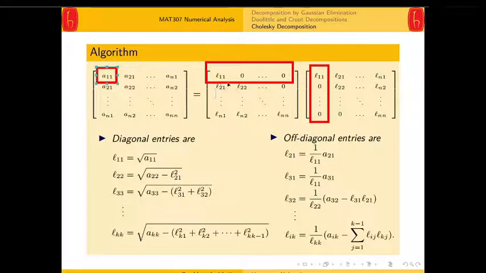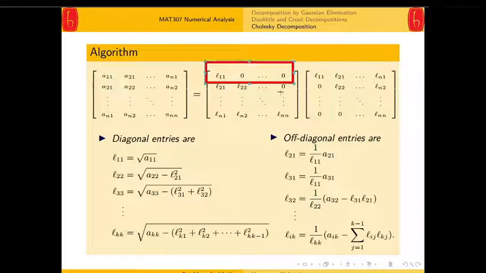If you don't have the assumption that the diagonal entries must be positive, then L11 could have been the negative root of A11 as well. So for this reason we say the diagonal entries are positive. L11 will be root A11.